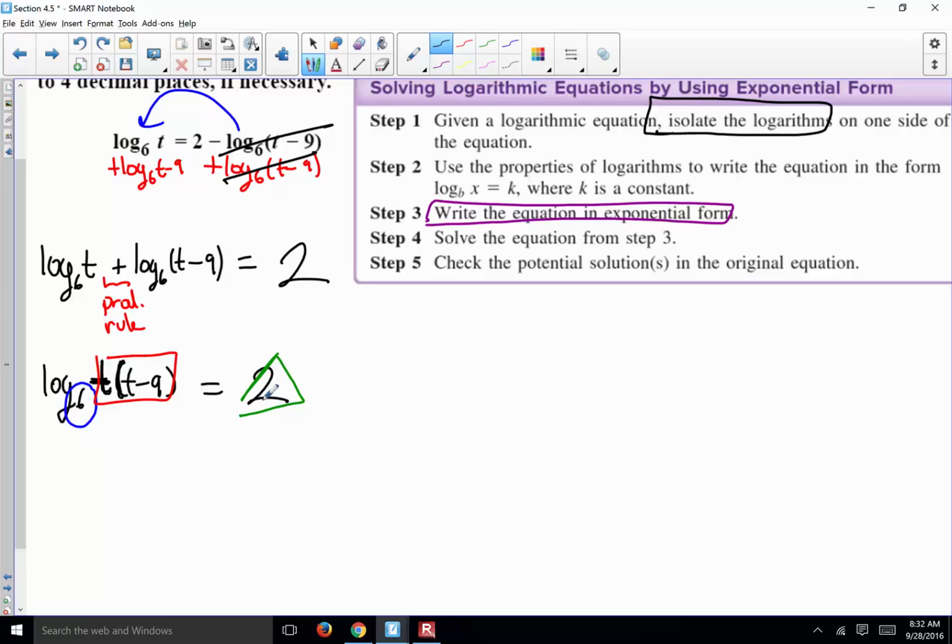Can you rearrange these into an exponential? Again, this is the trick: the base of the logarithm is still the base of the exponential. All you need to do is put the red box and green triangle into here and there. You have a 50-50 chance. Where does 2 go?